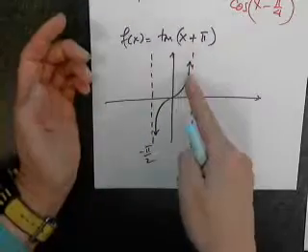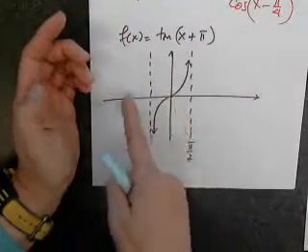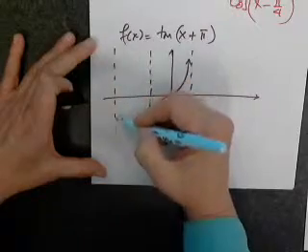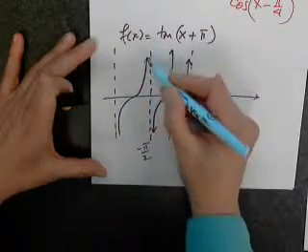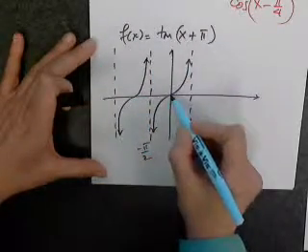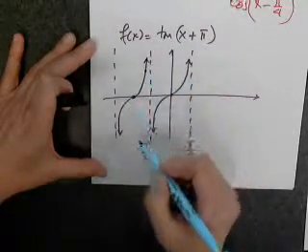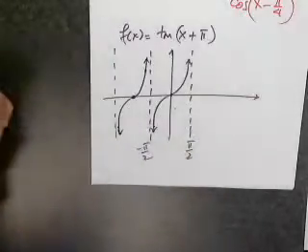So this point moves pi to the left. This point moves pi to the left. This point moves pi to the left. So this is it. So this one moved pi to the left. This point, pi to the left. This point, pi to the left.